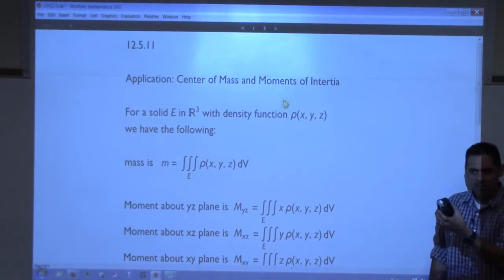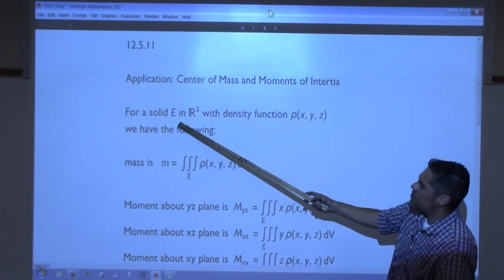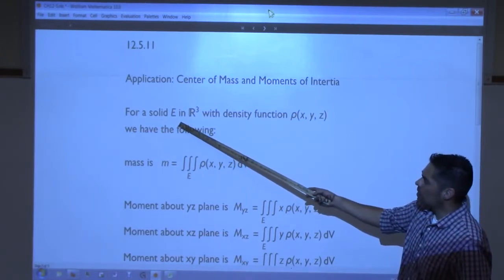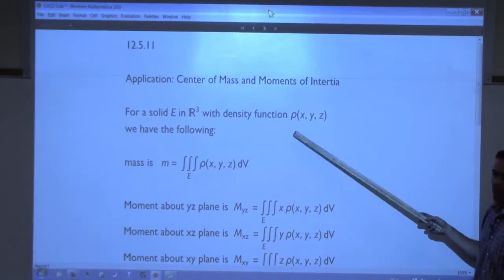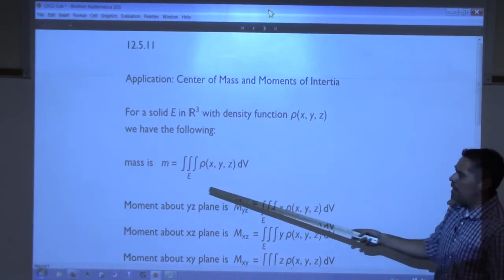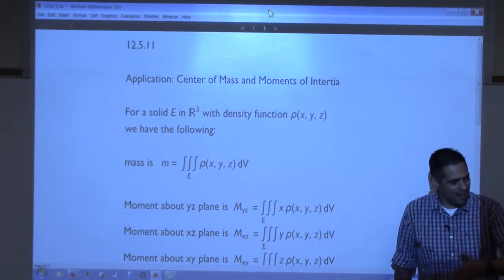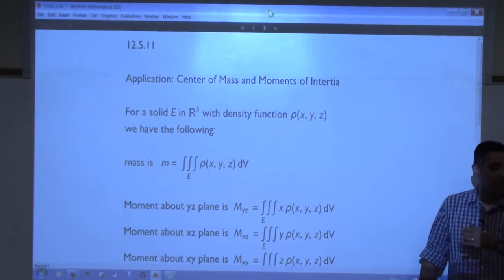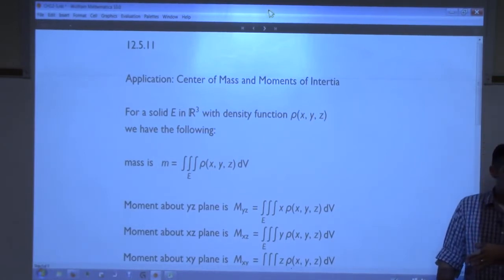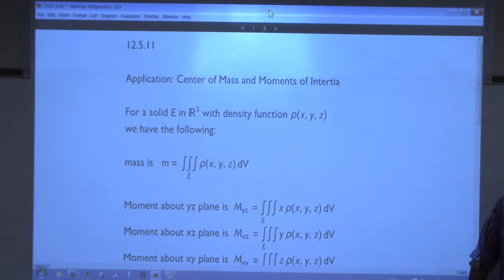If I have an object in three-dimensional space, and I know its density function, then we have the following results. The mass is the triple integral of the density function. Wasn't that exactly what it was with the lamina? The mass was the double integral of the density function. So the mass of a three-dimensional object is the triple integral of the density function.